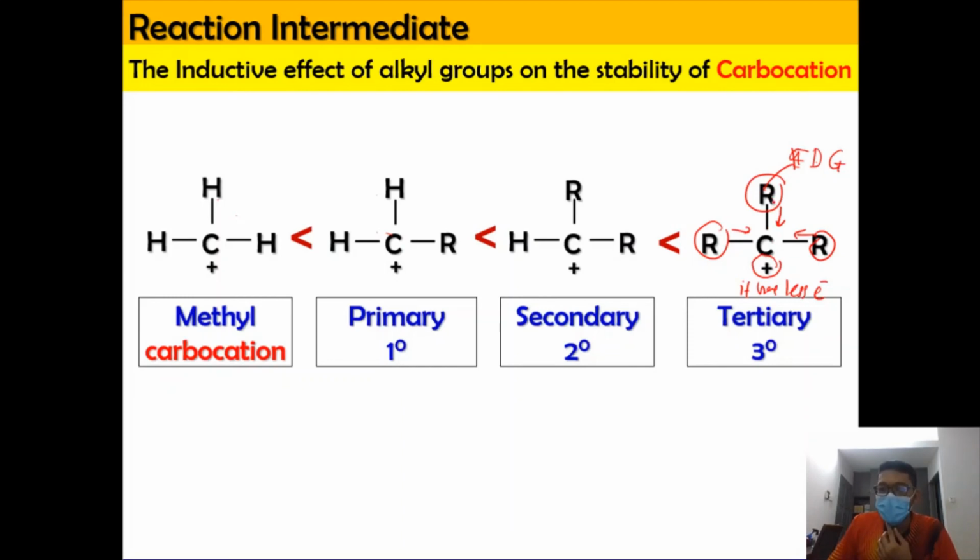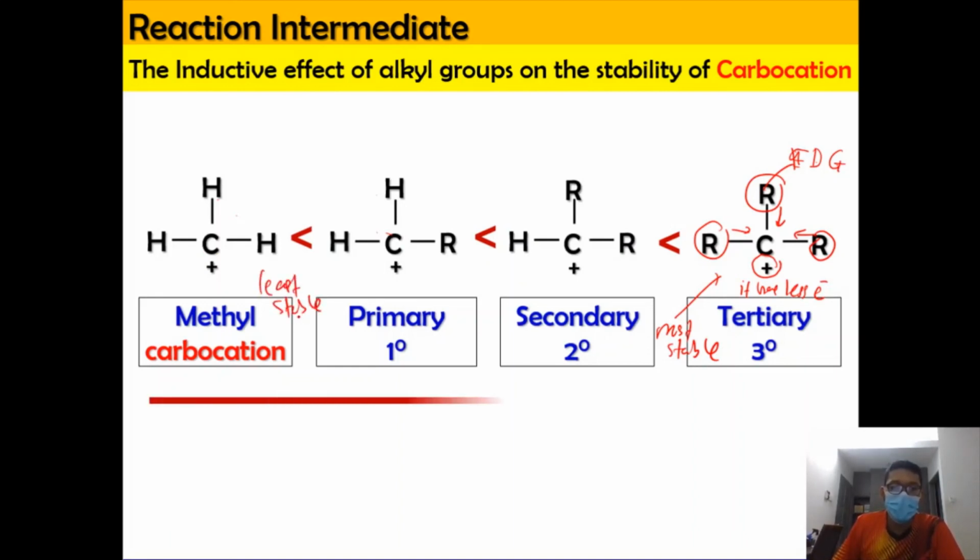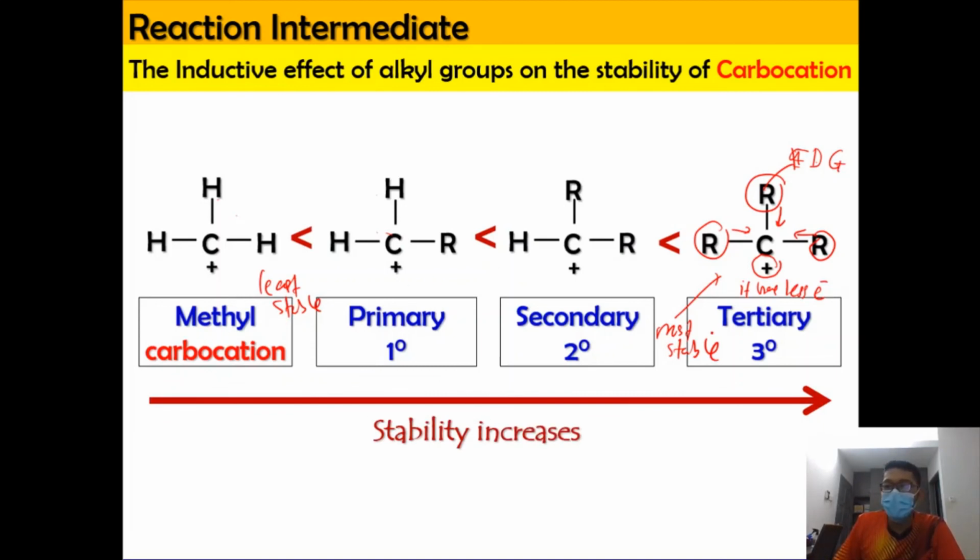So when there is more inductive effect by the electron donating groups, the carbocation here is going to be stabilized in comparison to the methyl carbocation and the others. Okay, because it has 3, it will be more stabilized. Hence, this is going to be the most stable. Here is going to be the least stable. Okay, so the stability increases from methyl carbocation to the tertiary carbocation.